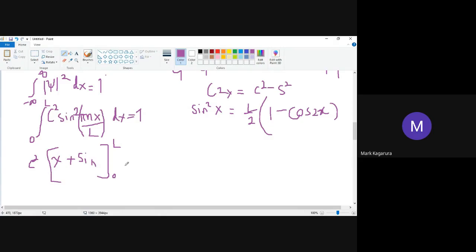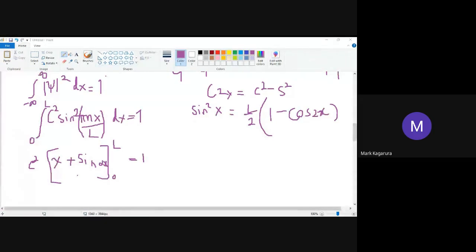Let's just use alpha, which has those constants, alpha x, is equal to 1. That's clear enough.